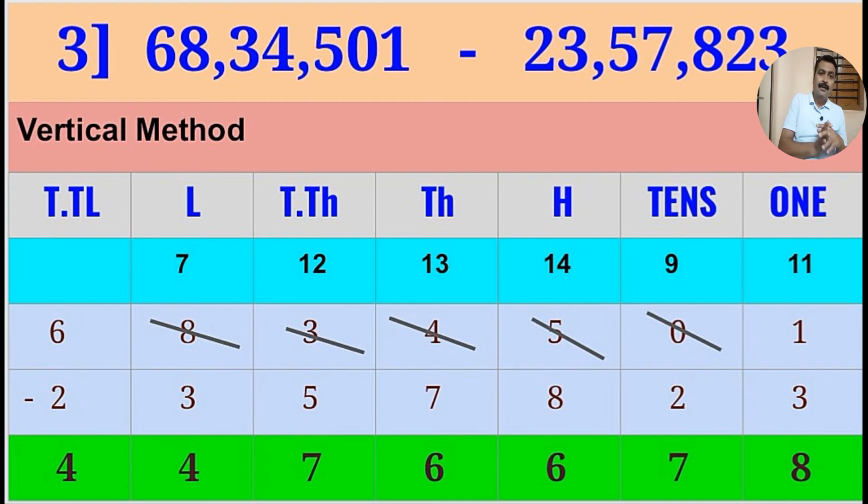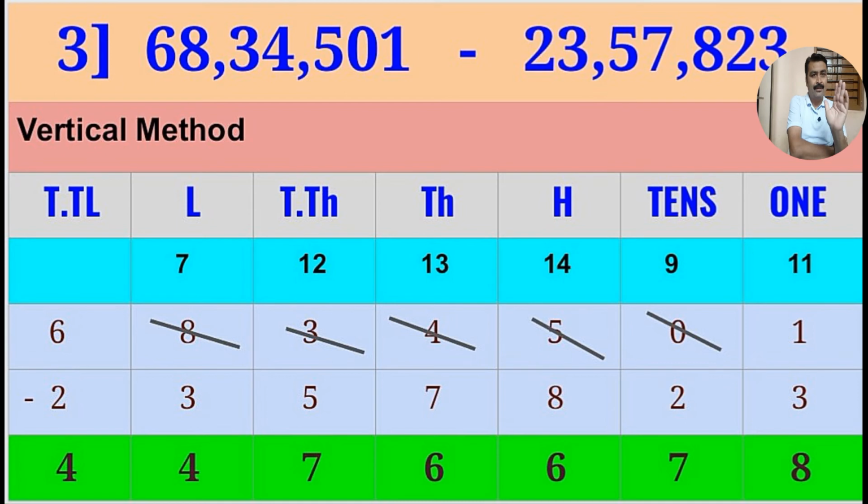Thereafter, the 1 carry that we took in the ones column was actually taken from that hundreds place. So from that 5 we take 1 less, and instead of 5 there is 4 remaining. Now from that 4 we had to subtract 8. Now 4 minus 8 is not possible.